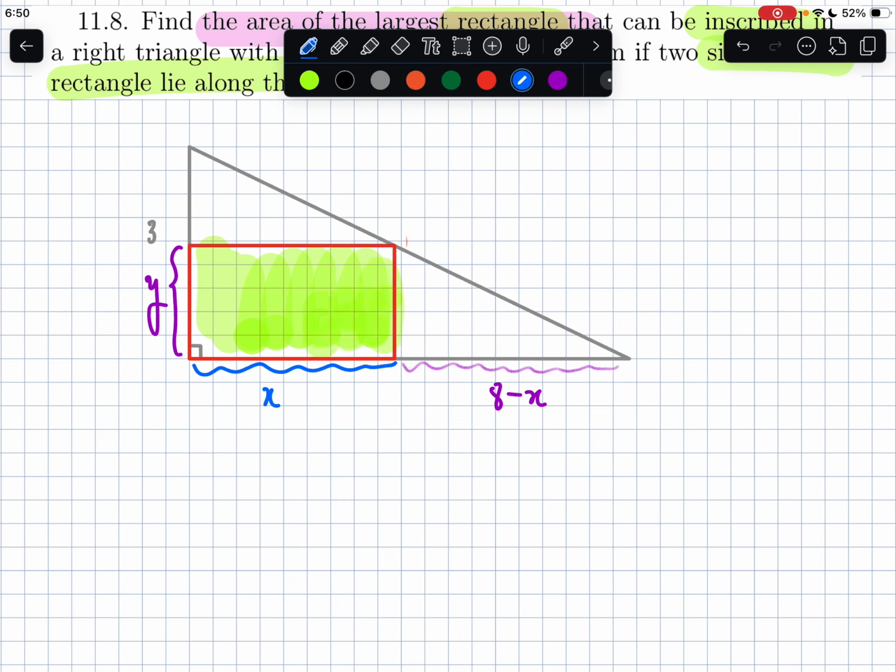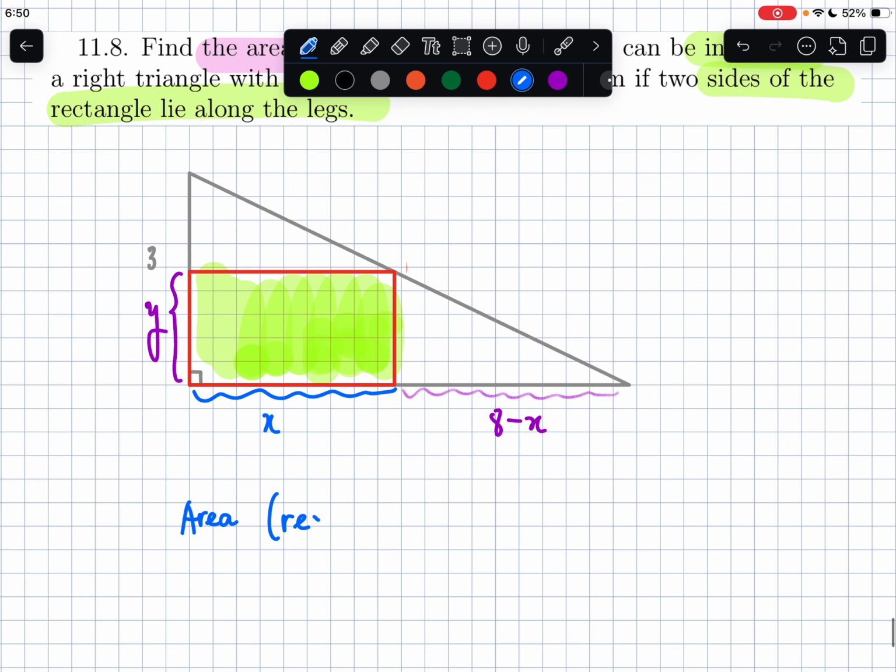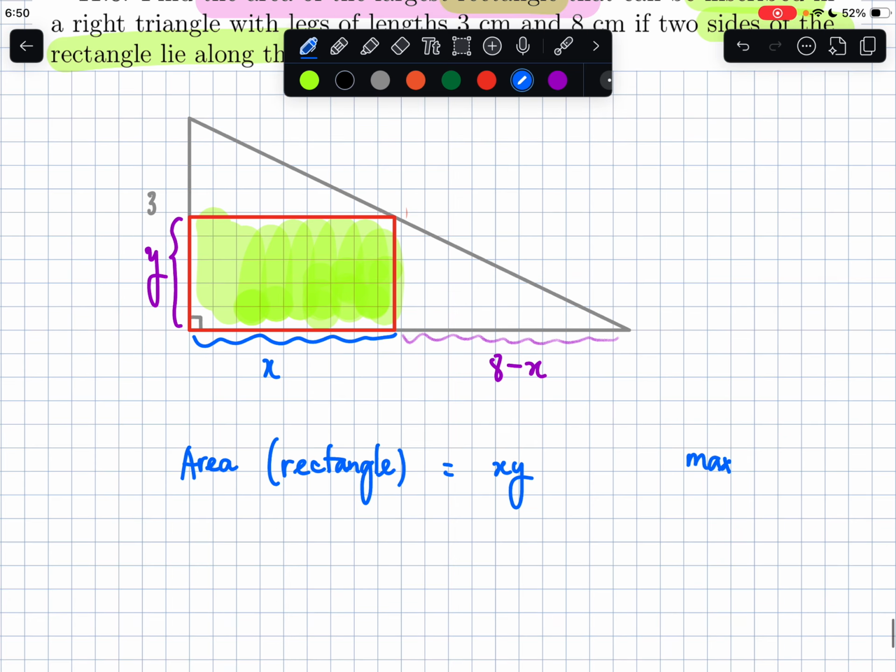So that's the first thing. We need to maximize that. x and y are lengths, so for now we know that they must be bigger than 0.